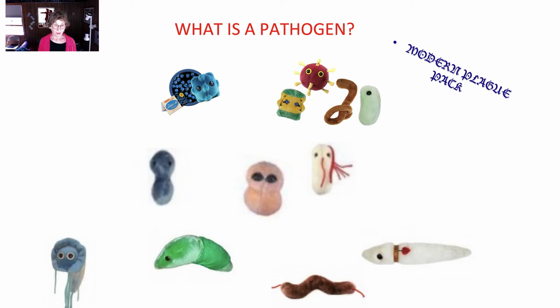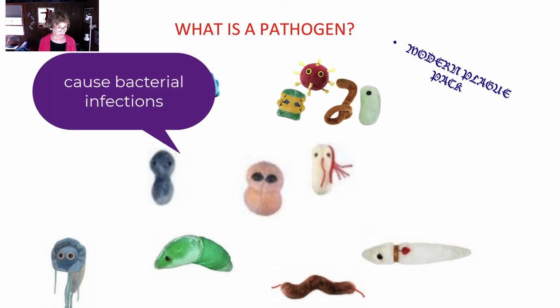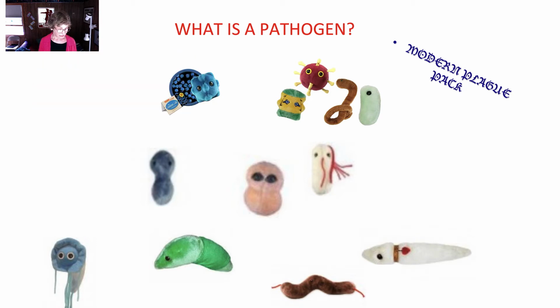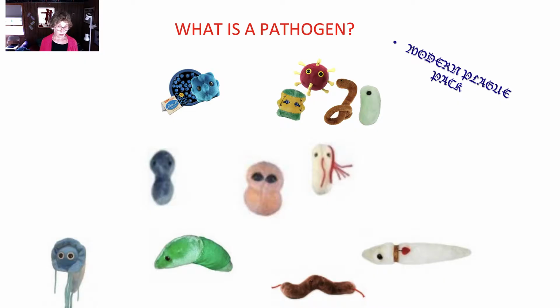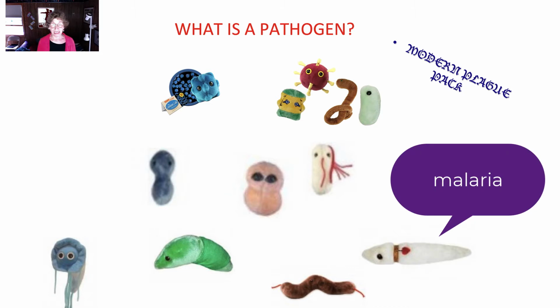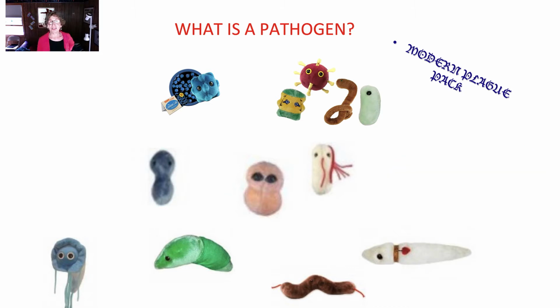The second row are bacterial infections, which include the clap or gonorrhea, salmonella, and the bottom row are pathogens known as parasites, which include giardia, heartworm, diarrhea, and malaria. So these are three different categories of pathogens: viruses, bacteria, and parasitic worms.